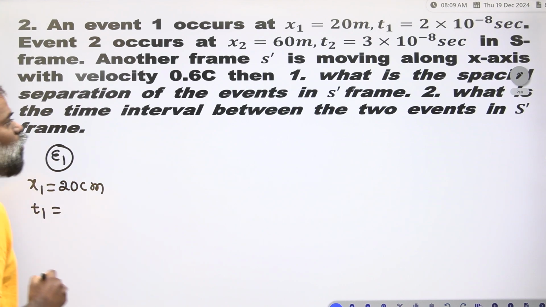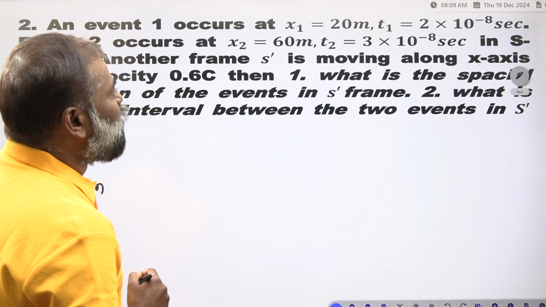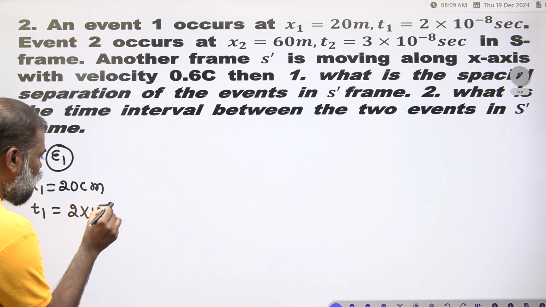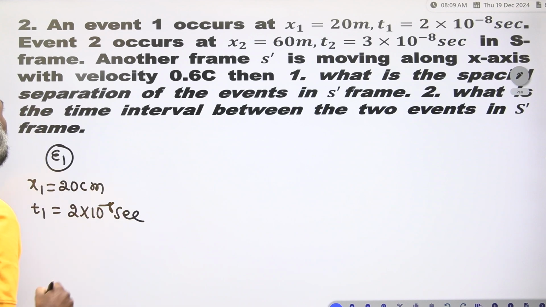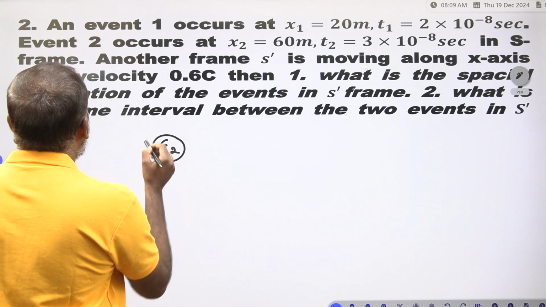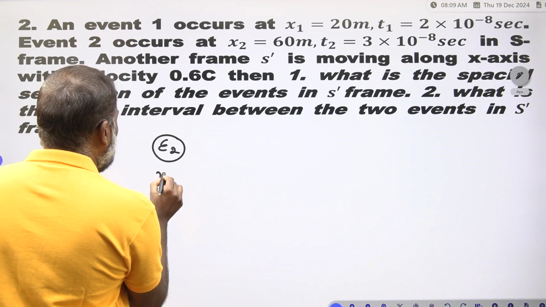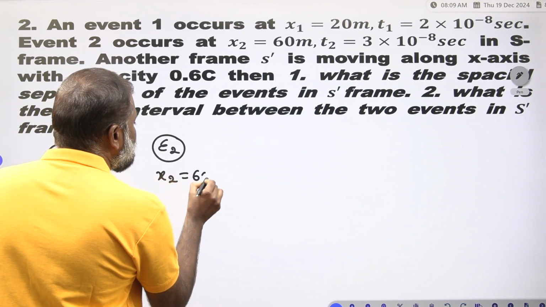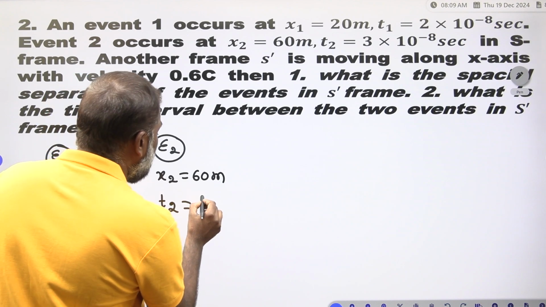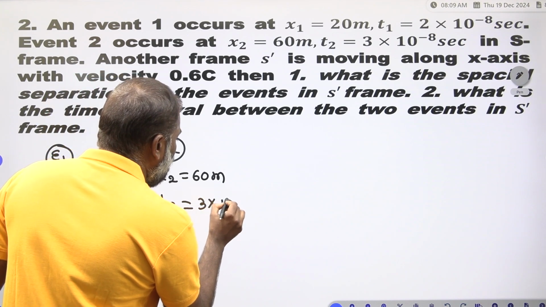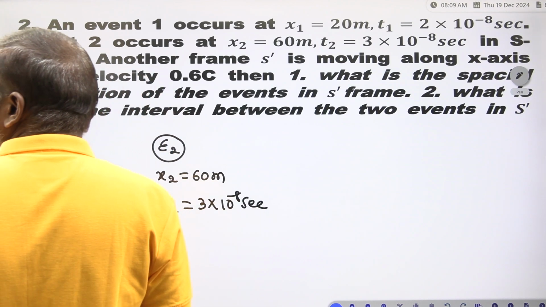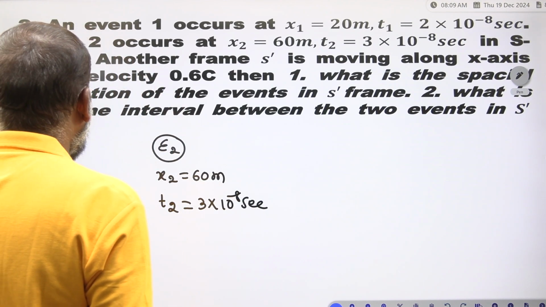T1 is equal to how much they are giving, 2 into 10 to the power of minus 8 seconds, and event 2 is occurring. So x2 is equal to 60 meters and T2 is equal to 3 into 10 to the power of minus 8 seconds in S frame.